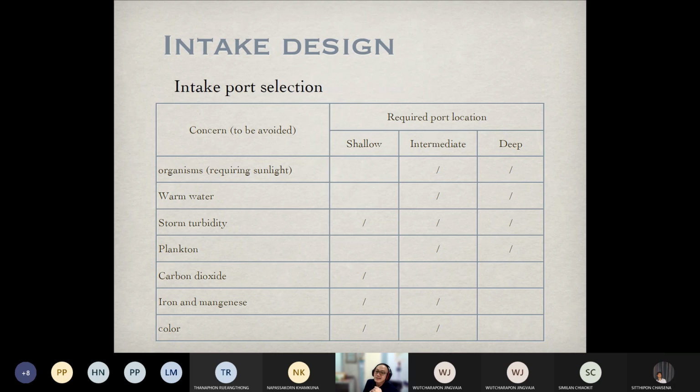Carbon dioxide is rich in groundwater. So groundwater normally contains high carbon dioxide, especially for the lakes. You may find high carbon dioxide from water collected from the bottoms of the lakes.